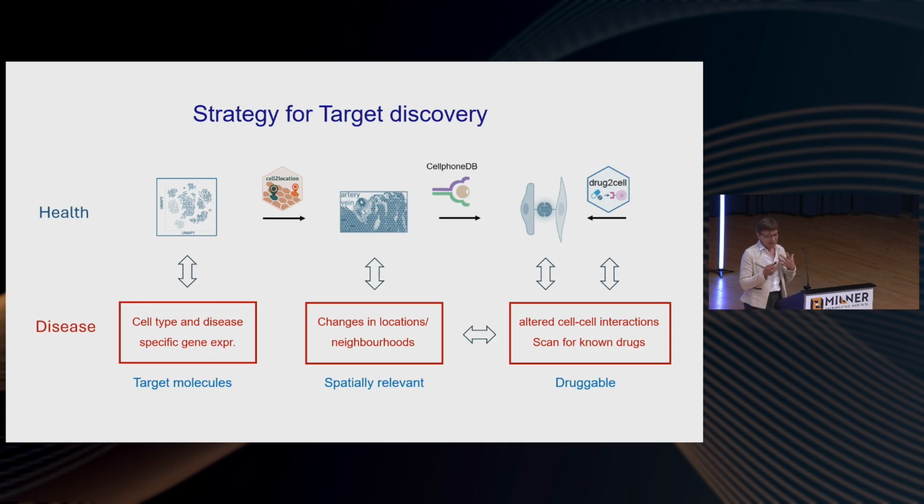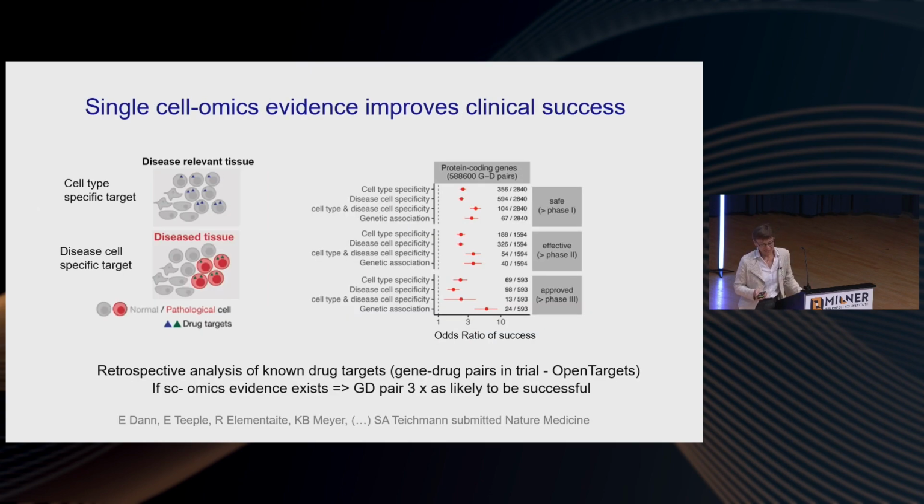So if we want to invest time and effort into this kind of drug discovery using single cell, what's the actual evidence that it makes a difference? And so in order to look at this, Emma Dann in the lab, a PhD student who's only just finished, really dug into that question.